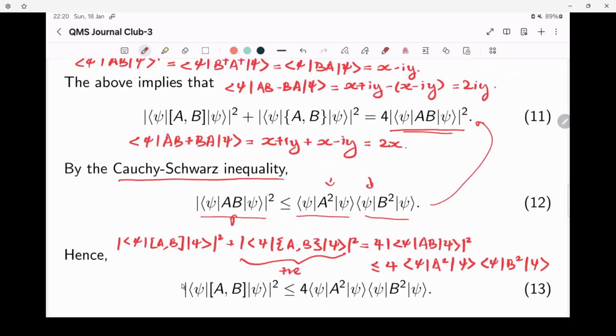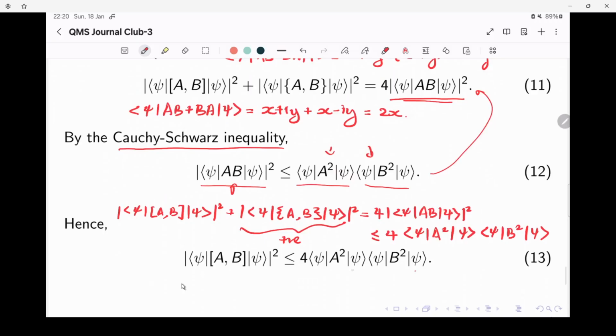If you delete it, if it is equal to 0, then you get the equality. If it is bigger than 0, then you get the less than or equal to term. This is what they did in Nelson and Chuang. Basically you ignore the anti-commutator term to get equation 13.